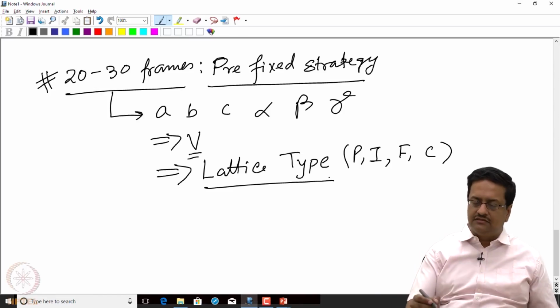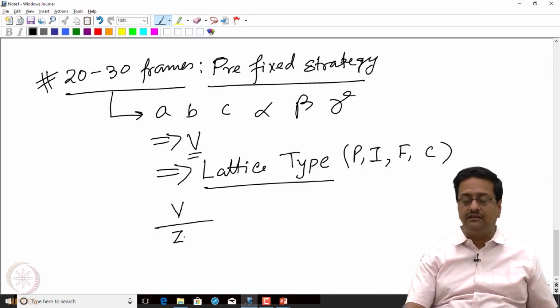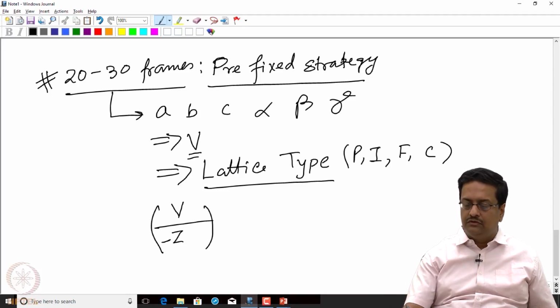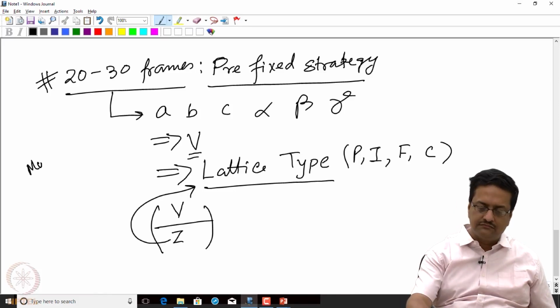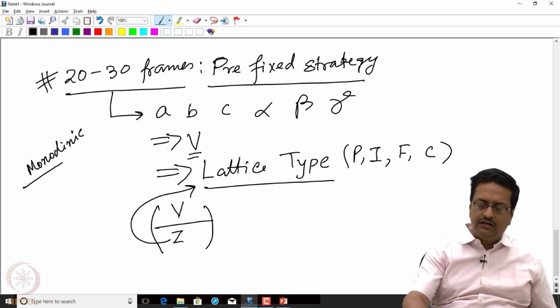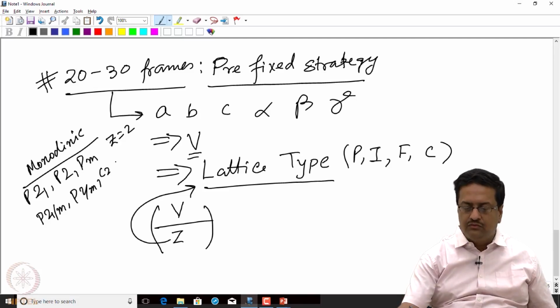So what we then do is we take the volume of the unit cell, divide it by the value Z corresponding to that particular lattice type, and we consider possible space groups, because in case of monoclinic, if it is P21, P2, PM, etc., the Z value is 2, but if it is P21 by M, P2 by M, C2, CC, Z equals 4.